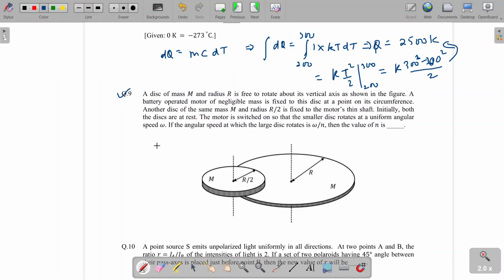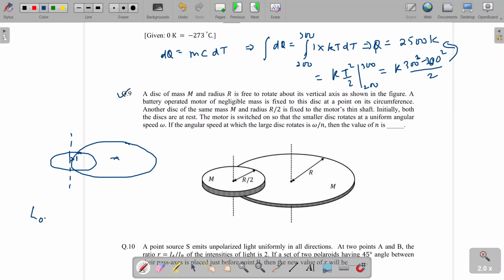This is a classic question where we have to do conservation of angular momentum of the smaller disk and the bigger disk. So the smaller disk will have two components of angular momentum. One of the components would be the orbital one, and the other is spin angular momentum.